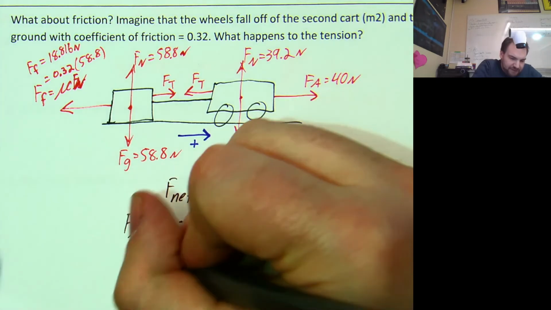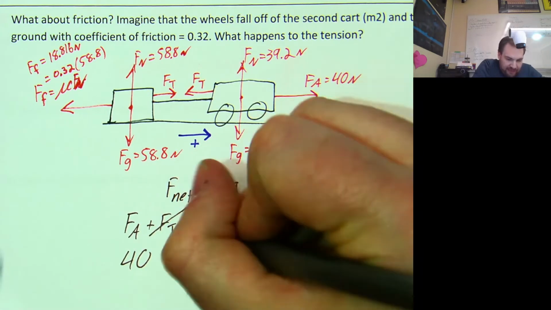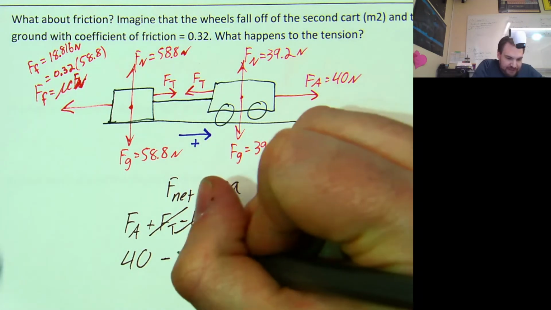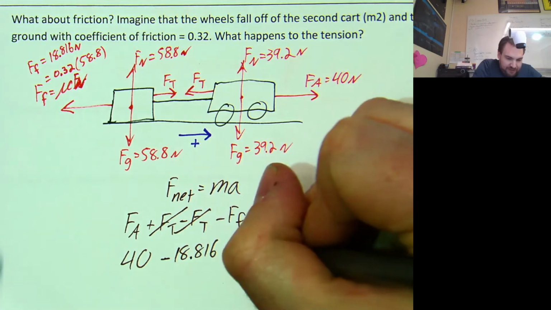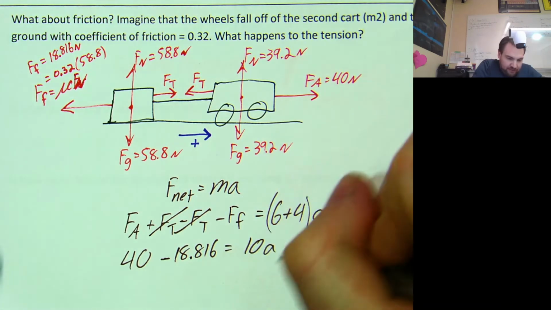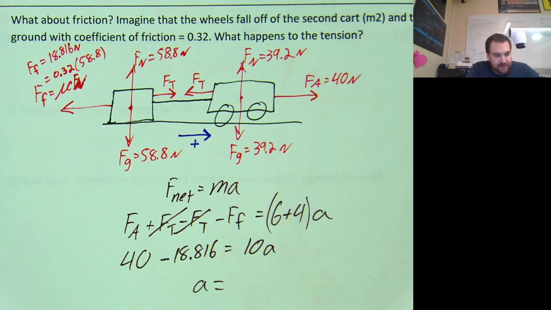So Fa is 40. The Ft terms are going to cancel out. Minus 18.816 equals 10A. What's the value for the acceleration this time?